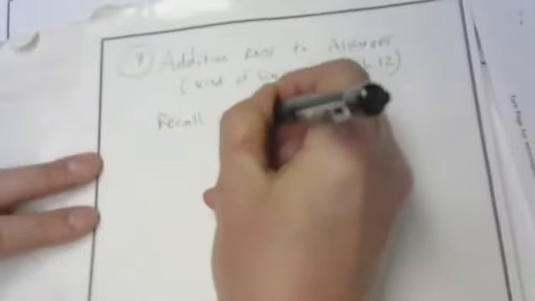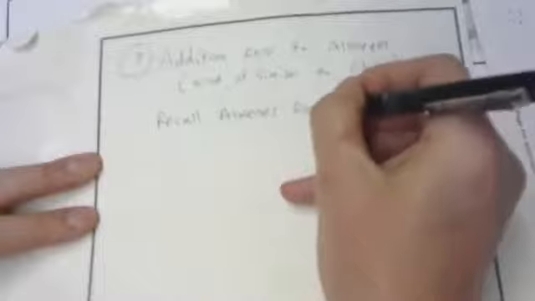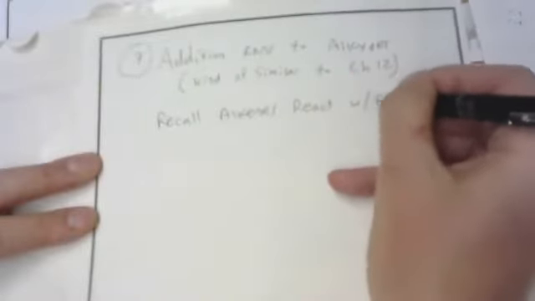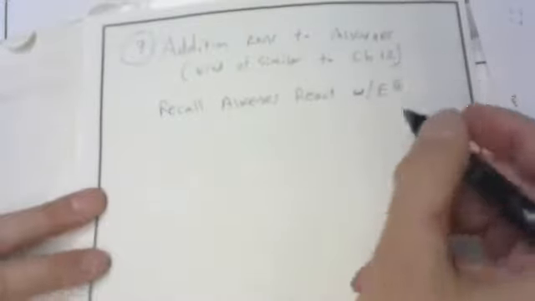So these are some things from, recall that alkenes react with electrophiles. Alkenes react with E plus, for electrophiles. So that was a key theme from chapter 12, that alkenes react with electrophiles.